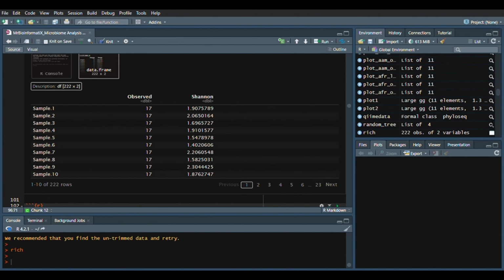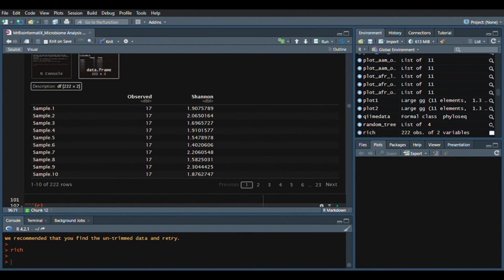So even though all samples have the same number of unique bacteria, the different Shannon values tell us there are differences in diversity. Higher Shannon values mean there is a better mix of bacteria, which is great for gut health. Lower values suggest that only a few bacteria are doing most of the work.